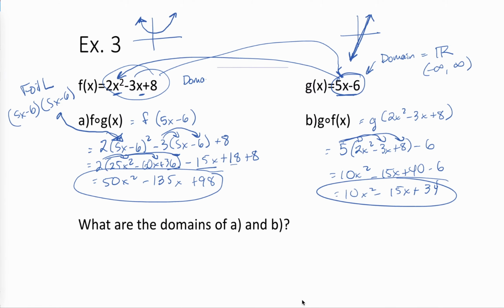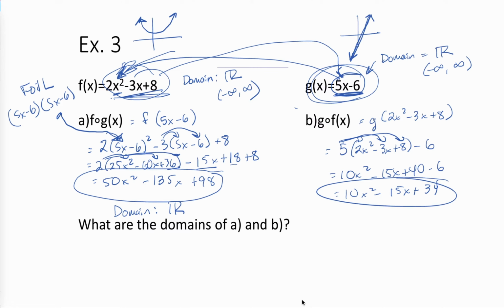So the domain for this is also going to be all real numbers or negative infinity to infinity. So because we can plug all real numbers into g of x, and then we can plug all real numbers into f of x, so anything that we get from g, we can then plug into x, the domain for f of g of x is also all real numbers.